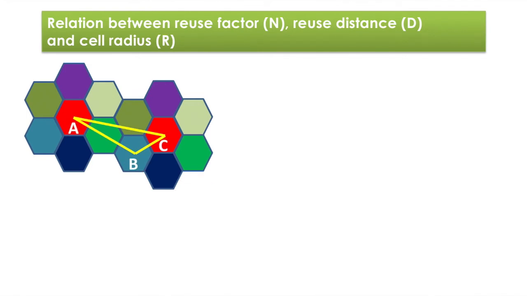Now let us consider the co-channel cells A and C. Let us define the distance between the centers of the co-channel cells A and C as capital D, which is the reuse distance. Now to locate C from A, hexagonal coordinates are used. Therefore AB can be written as iD.